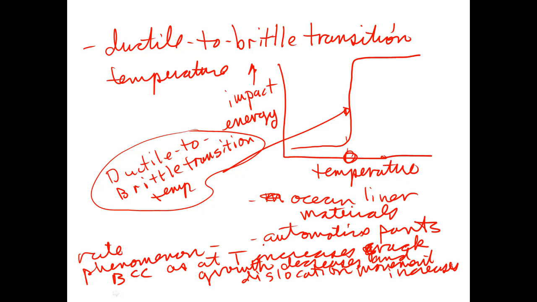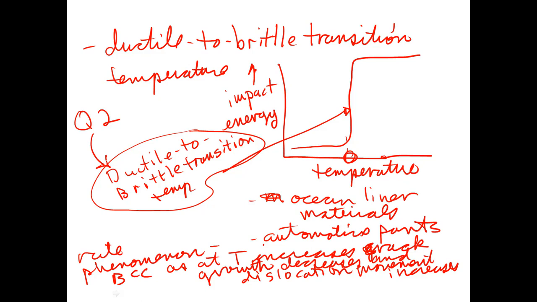So quiz question 2 will be to give the phenomenon with low carbon steels and impact energy as a function of temperature. And the answer is the ductile to brittle transition temperature. So quiz question 2 is, what is the phenomenon of impact energy versus temperature for low carbon steels?